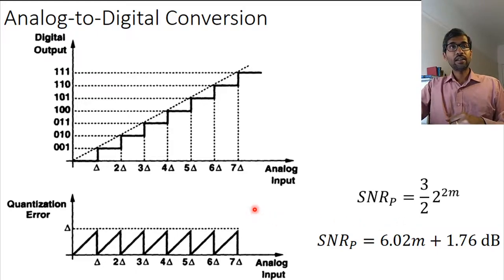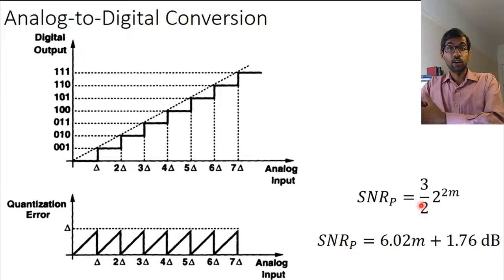For analog to digital conversion, the peak signal to noise ratio is given by the formula here on the screen. Usually, we write the signal to noise ratio in logarithmic terms. We write it in dB, and this is the ratio that we get. As you can see, if you increase the m, which is the number of bits of the analog to digital conversion, you get a higher and higher SNR.